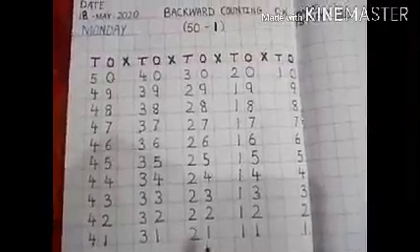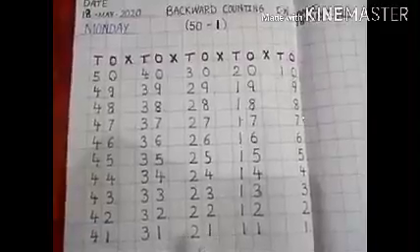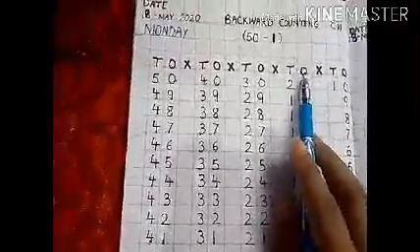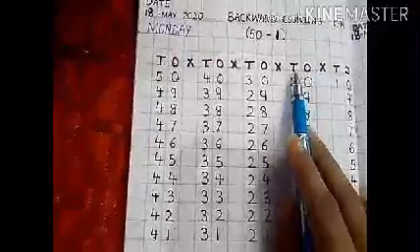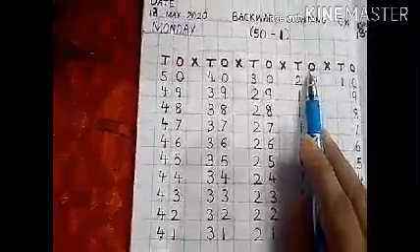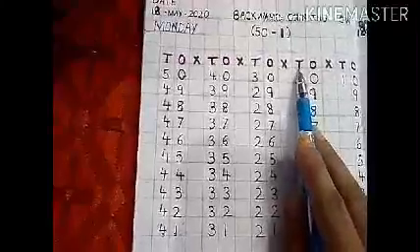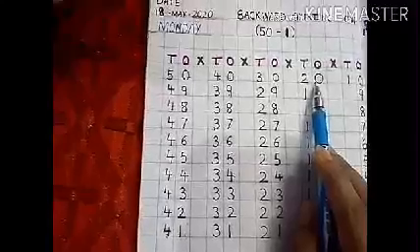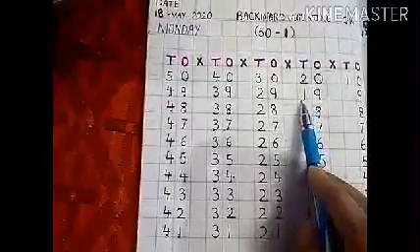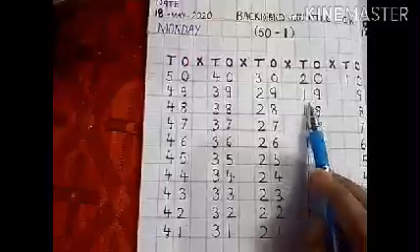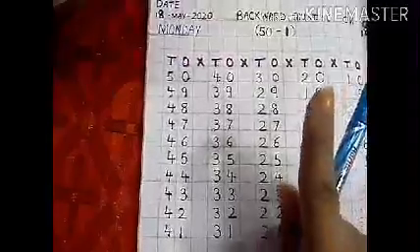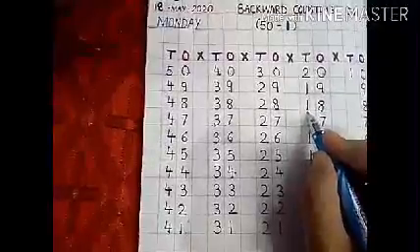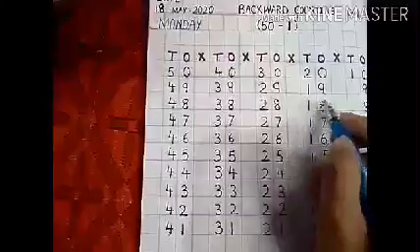Now come to the next line. T stands for tens and O stands for ones. Now below tens write 2 and below ones write 0. Then before 20, what will you write? 19.